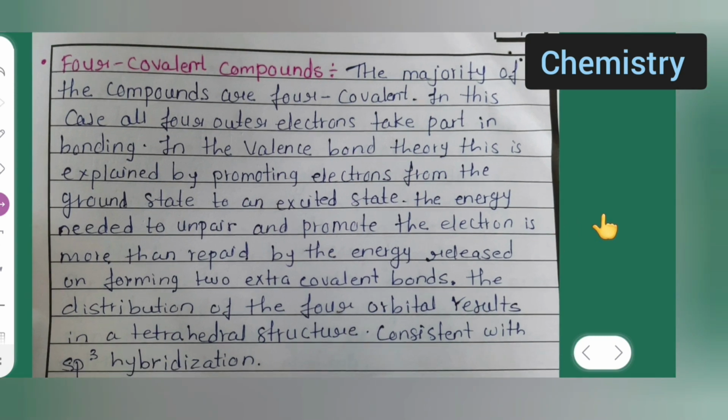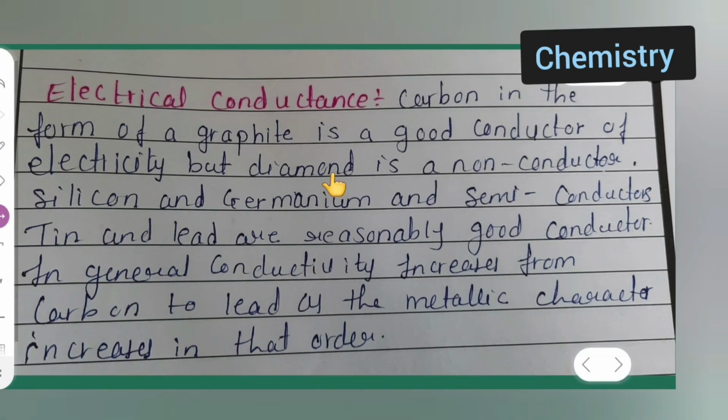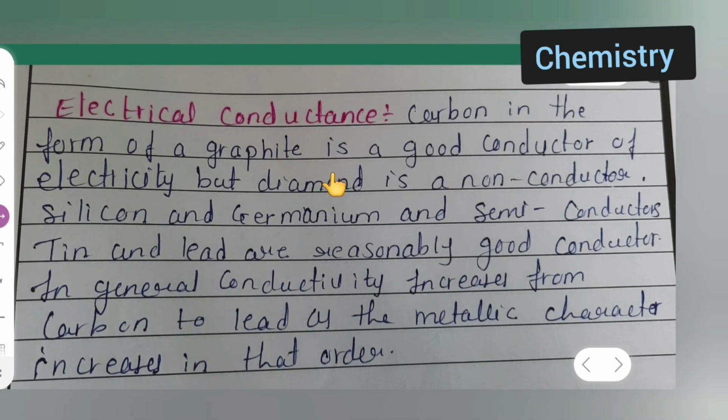Moving towards the next part, that is electrical conductance. I hope you all can see this clearly. Electrical conductance: carbon in the form of graphite is a good conductor of electricity, but diamond is a non-conductor.